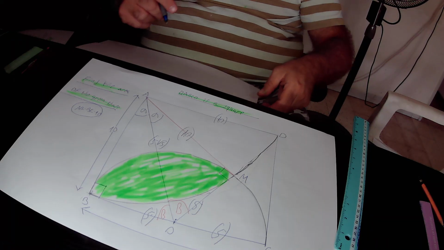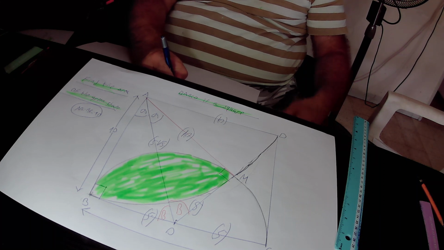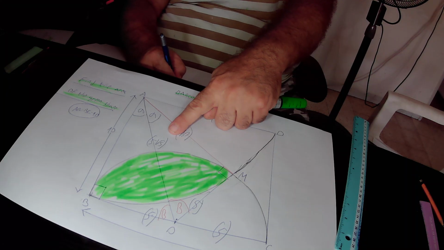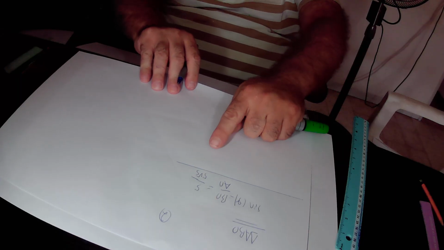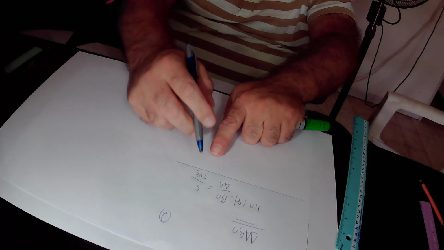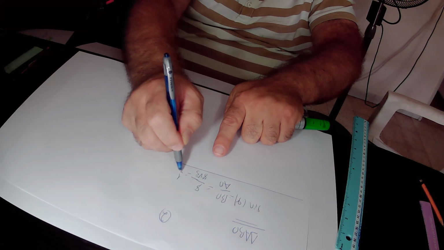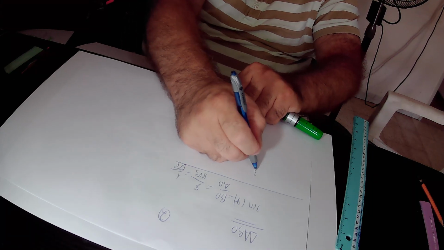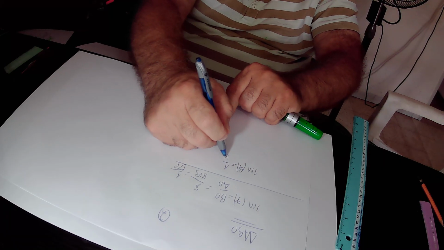So sine alpha equals BO, BO is 5, over AO, AO is 5 times square root of 5. So in total, sine alpha equals 5 over 5 times square root of 5. We have 5 in the numerator and 5 in the denominator, so the 5 will get cancelled. We are left only with 1 over square root of 5. So in total, sine alpha equals 1 over square root of 5.